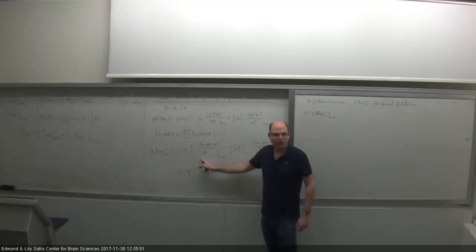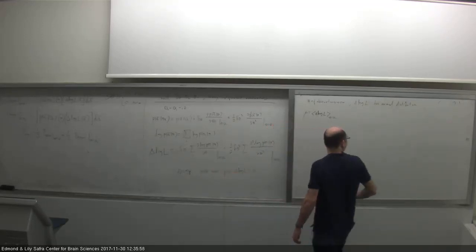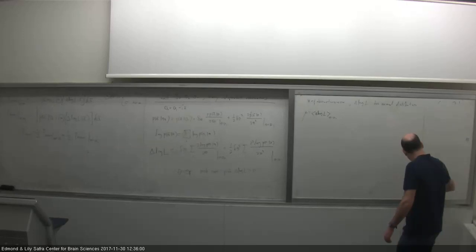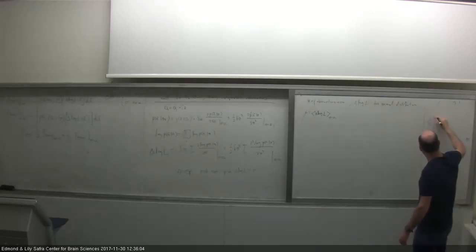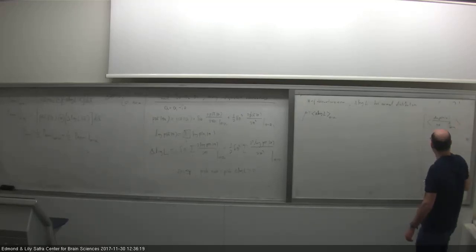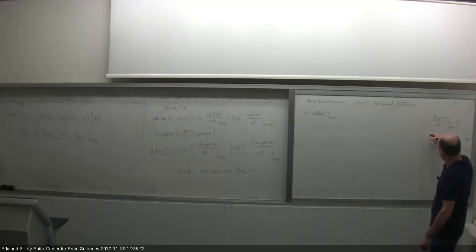Do you know what we will get from these terms? 0. Okay, why? So the mean of d log p of r_i given theta over d theta at theta equals theta 1. What is it?